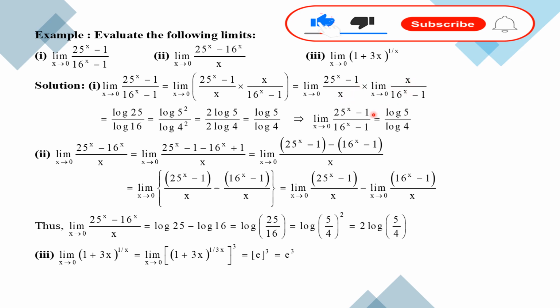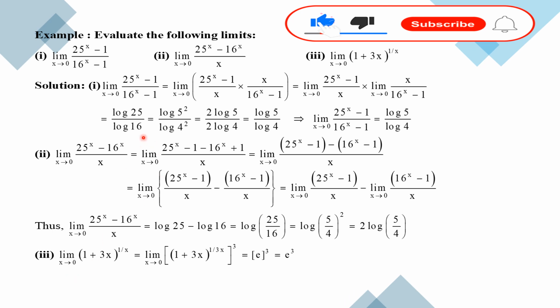By using the formula of the previous limit, it becomes log 25. And what about this limit x tends to 0, 16 power x minus 1 over x? It becomes log 16.